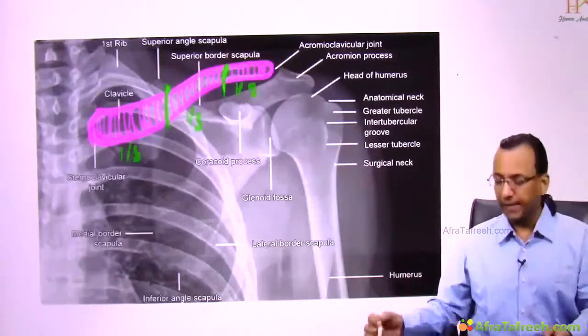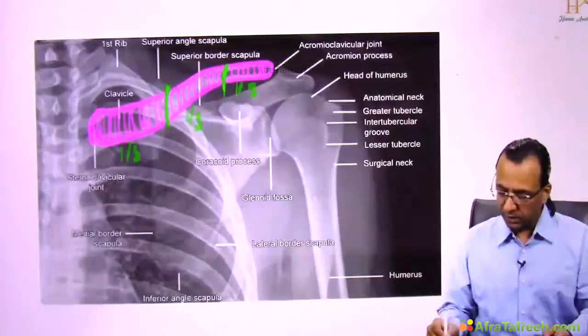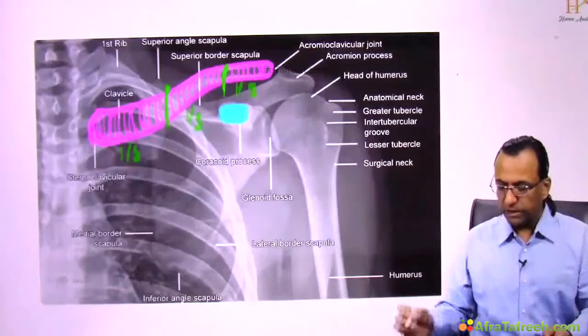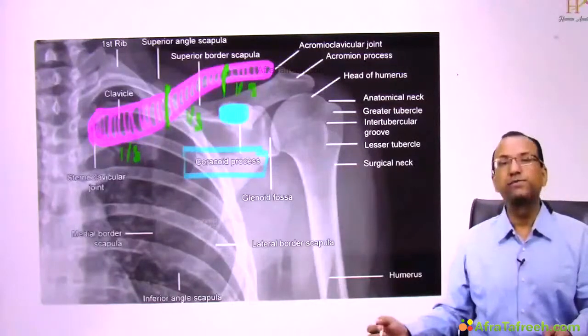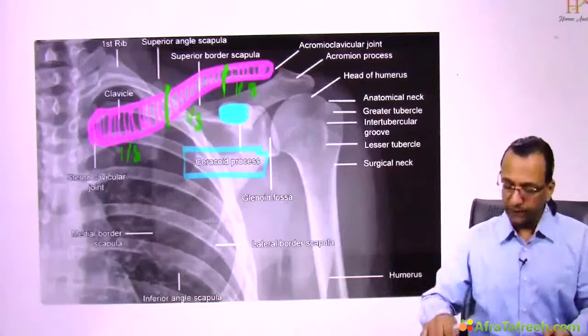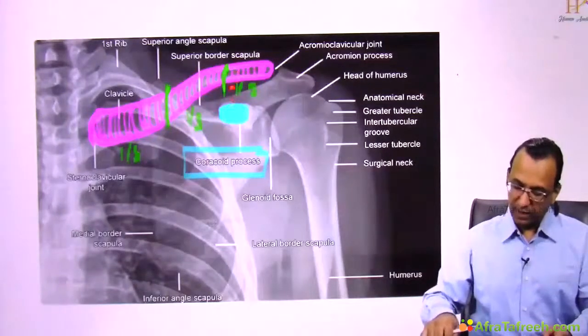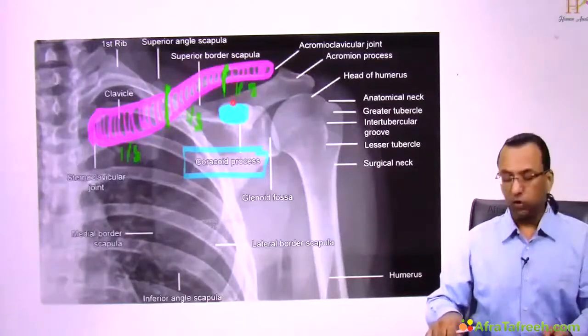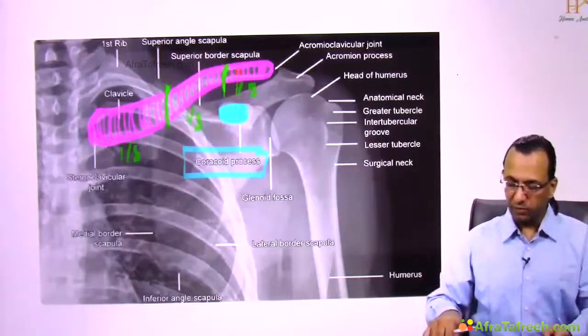Also, one question came: you can see the coracoid process, part of the scapula bone, below the clavicle bone in the infraclavicular fossa.